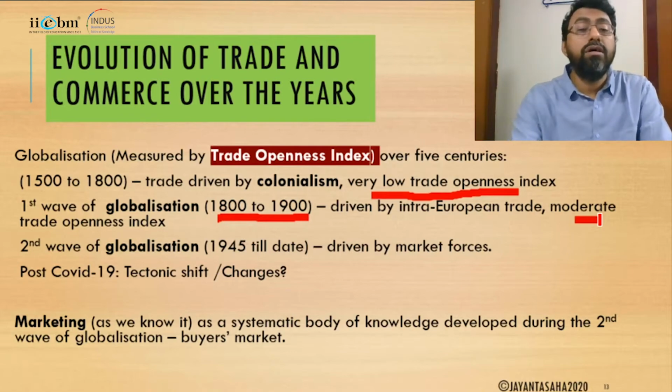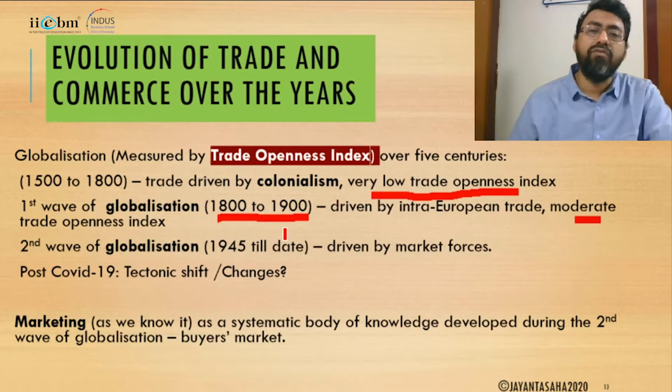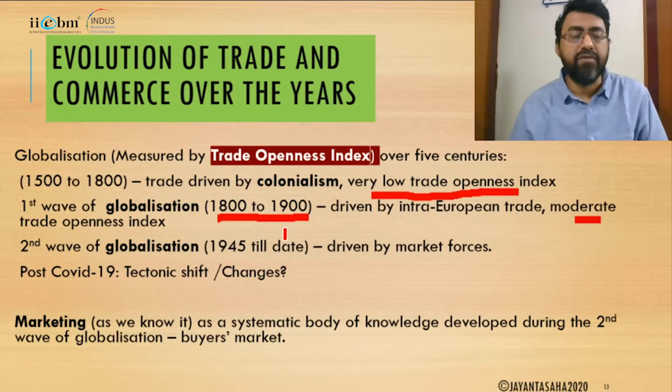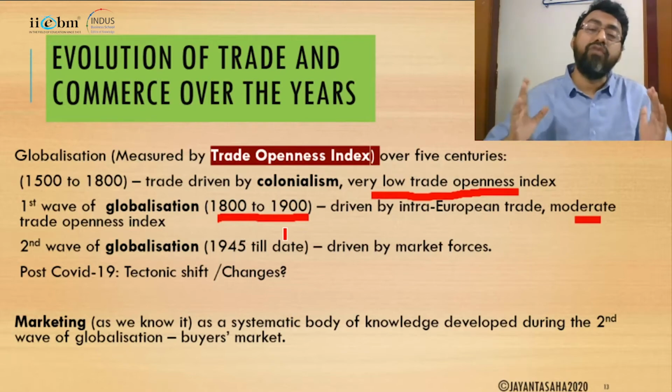Now, two very crucial events happen in the early part of the 20th century. Of course, 1914 to 1919, you have the First World War, and 1939 to 1945, you have the Second World War. In fact, during the World Wars, the entire effort of all countries is going into financing war.